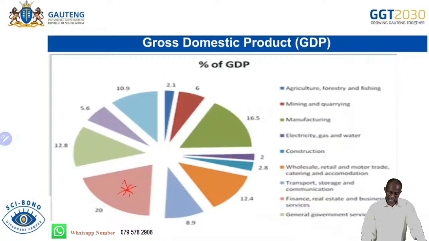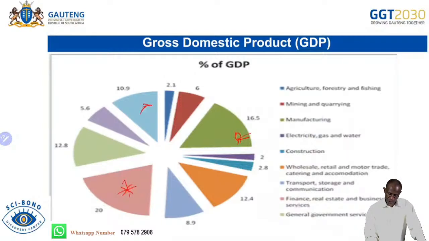It is followed by the greenish one, which is at 16.5, which represents manufacturing. Manufacturing contributes 16.5 of the GDP. And as you may see with the rest, there is construction at 10.5.